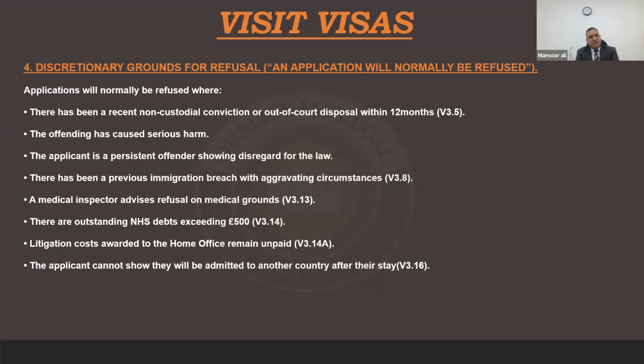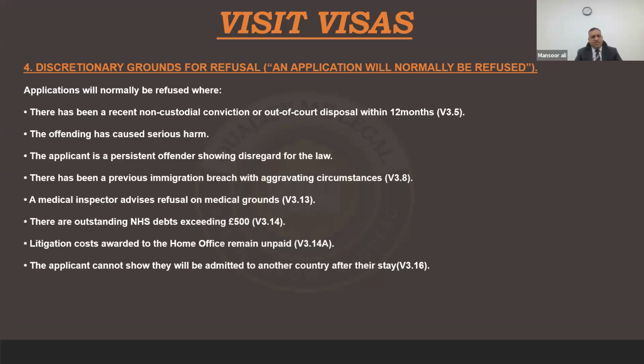And then there are a number of other discretionary grounds of refusal. Another case which is coming across nowadays is about litigation cost. For instance, A has applied for a visa from Dubai, and his visa was refused.